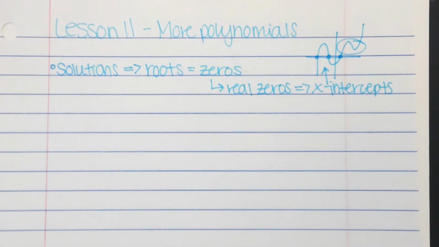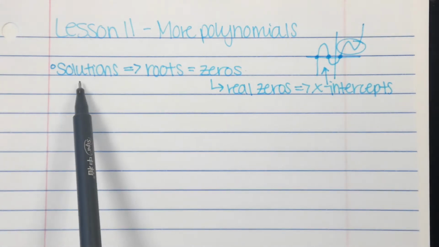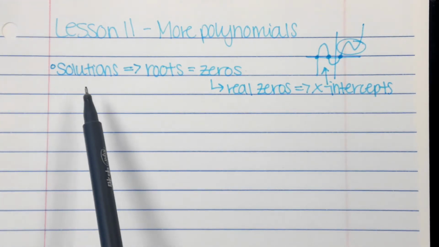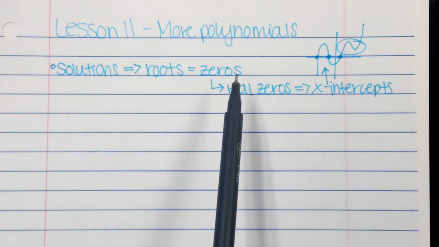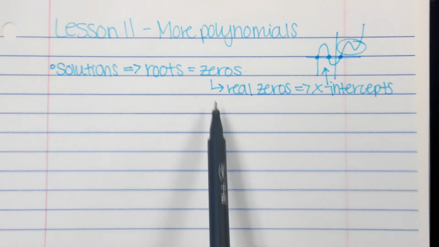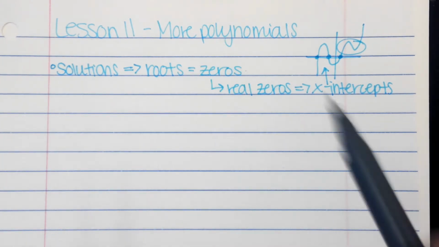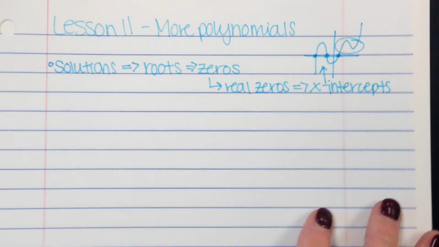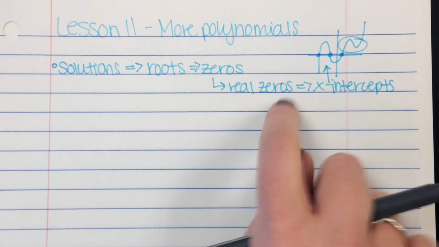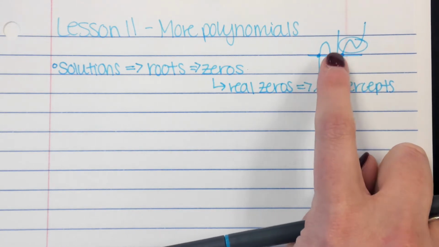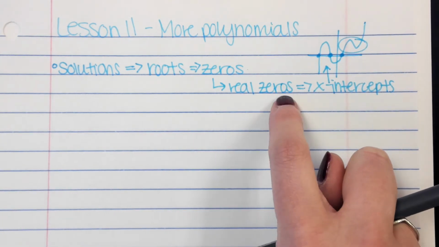Okay, so the first thing that we need to talk about, and I know I've said this before, but when we're talking about polynomials, especially when we were talking about quadratics, when you hear solutions, roots, zeros, those are all referring to the same thing, okay? And when we're talking about zeros of polynomials, if we have real zeros or real solutions, those show up as x-intercepts on the graph. So those x-intercepts are the real zeros.